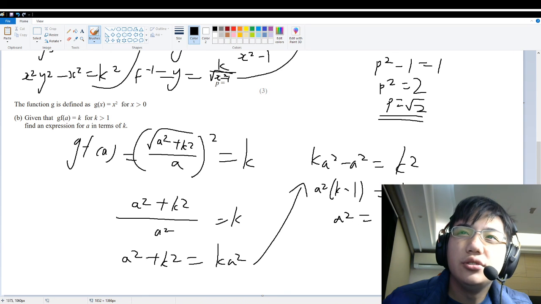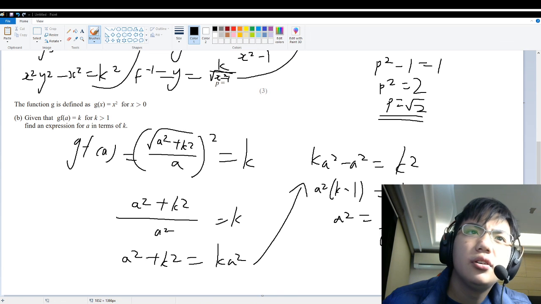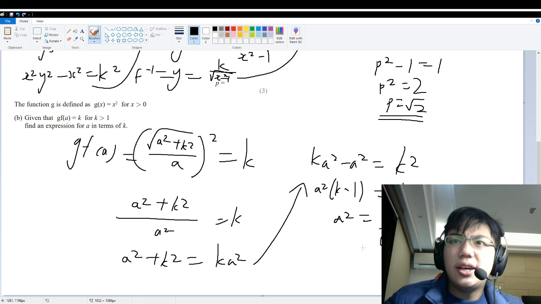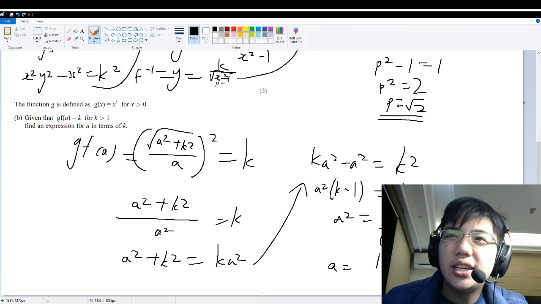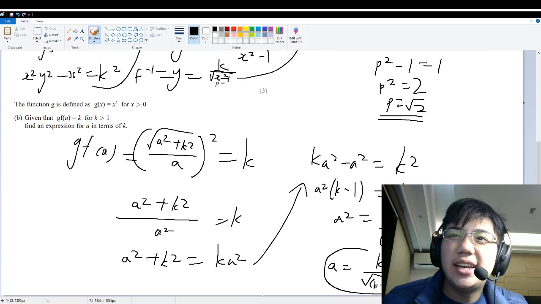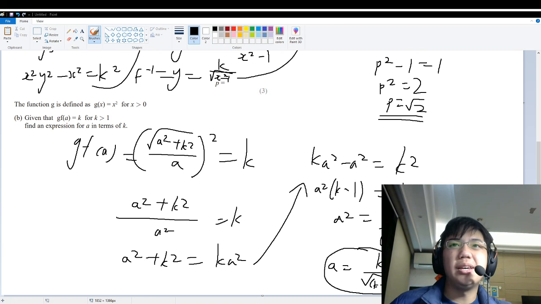A squared equals k squared over k minus 1. And therefore a equals k over the square root of k minus 1. And that's the end of this question and the end of this paper.